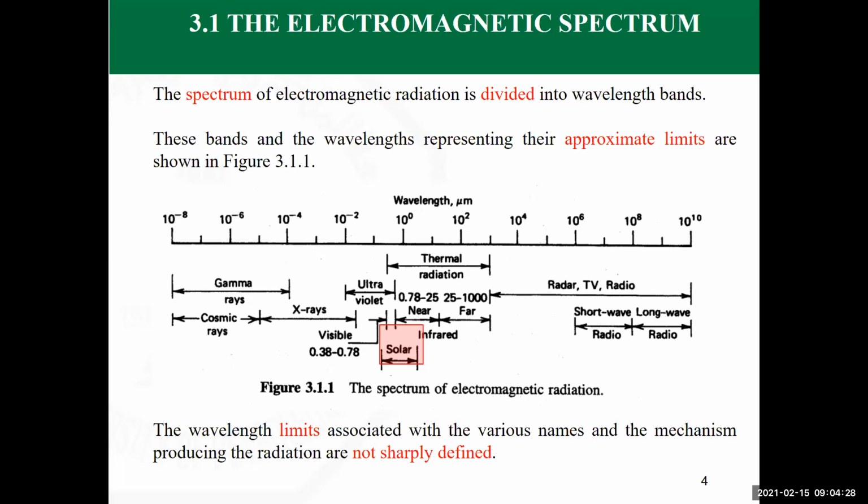Gamma rays are not generating any heat. Radio and TV rays are not generating any heat. But heat is generated for the thermal radiation range that you see here, which is starting from roughly 0.1 up to, we used to say 100, but here it is extending over 100 to maybe 1,000.